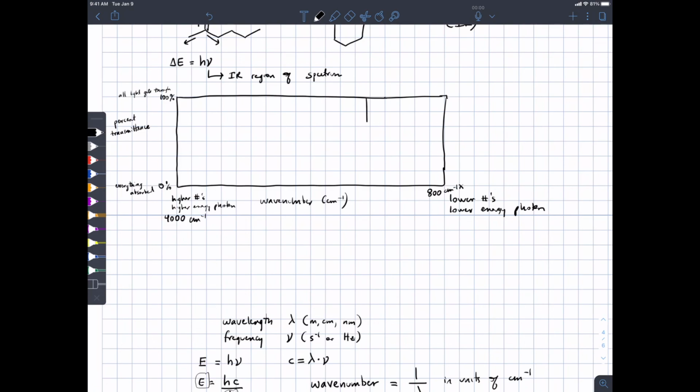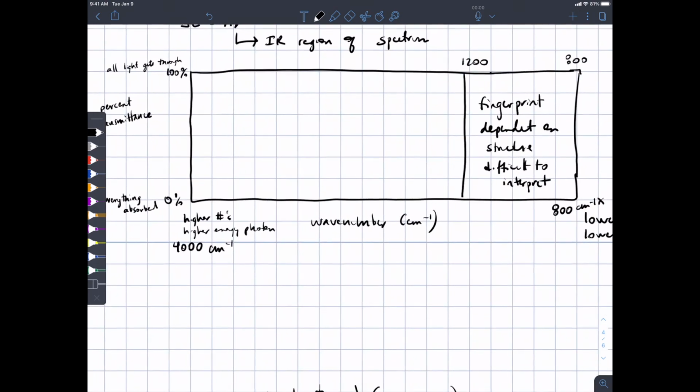And the region between 800 and 1,200 is going to be a fingerprint region that is fairly dependent on the structure of the molecule and difficult to interpret. So we will generally ignore that area of the spectrum.